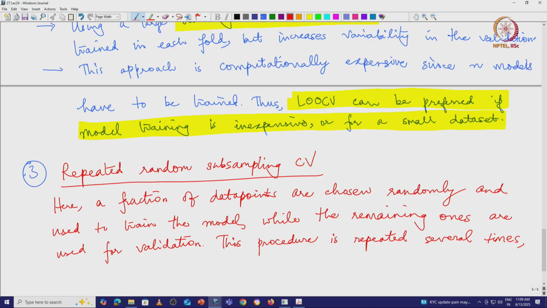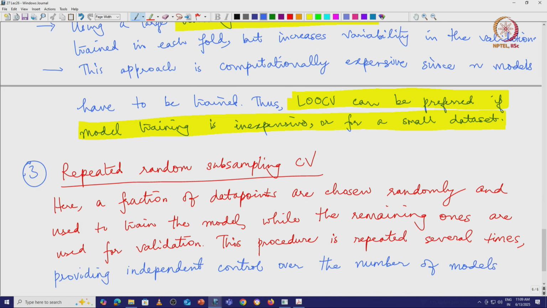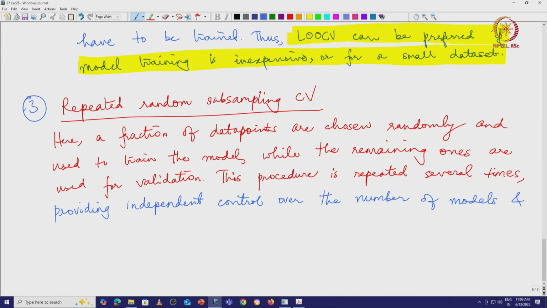With the advantage being that there is independent control over the number of repetitions or number of models trained and the train validation split.